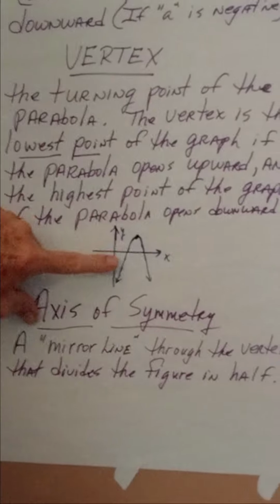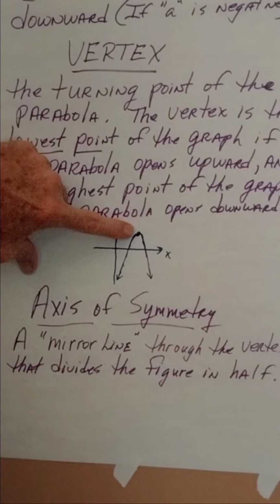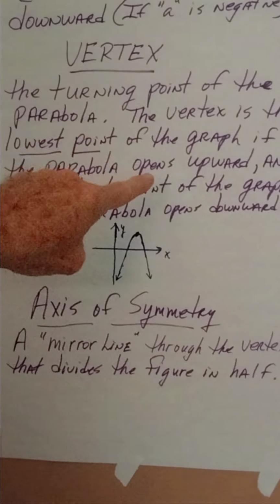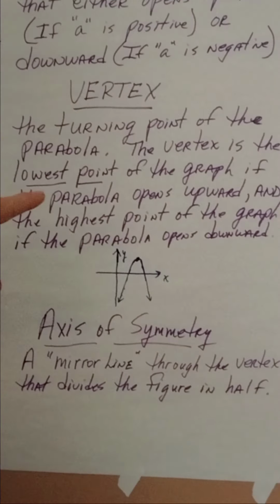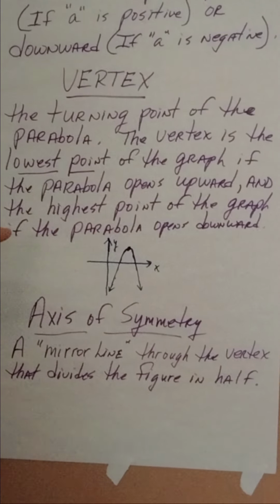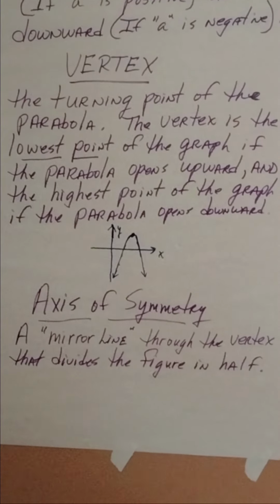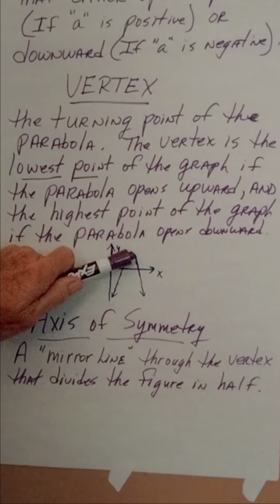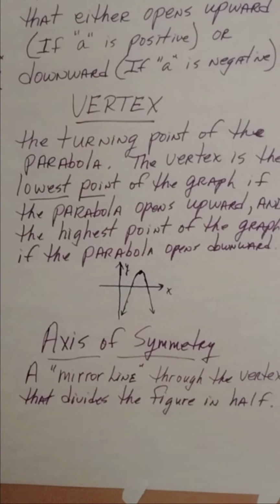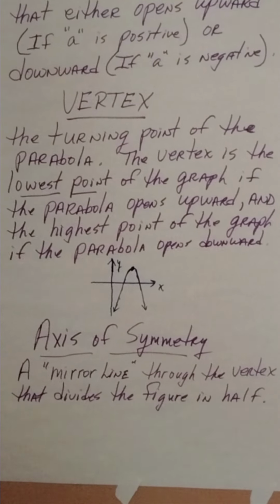If the parabola opens downward, the vertex is the highest point on the graph, and I noted that here. This is downward. There's your vertex. It's the highest point of the graph. That's what we mean by the vertex.